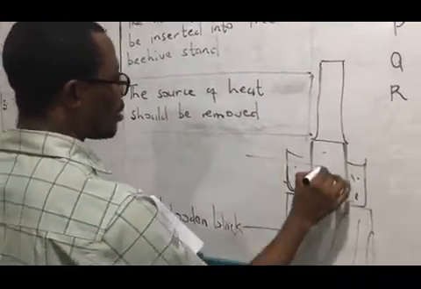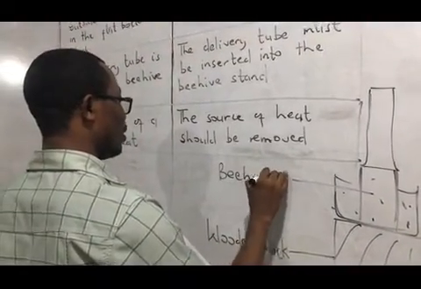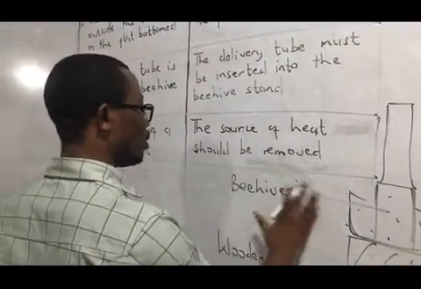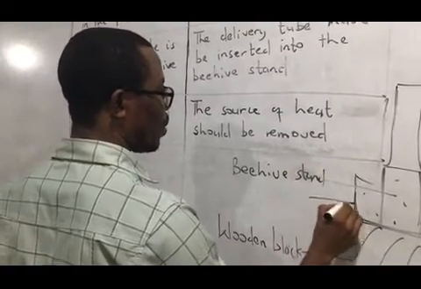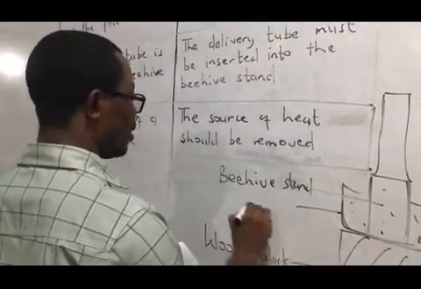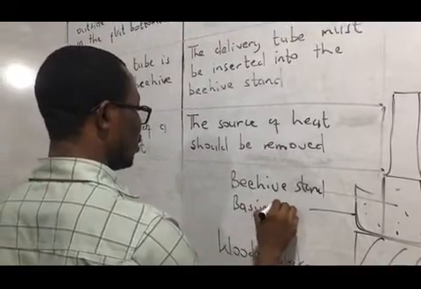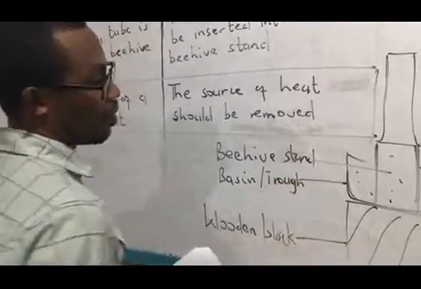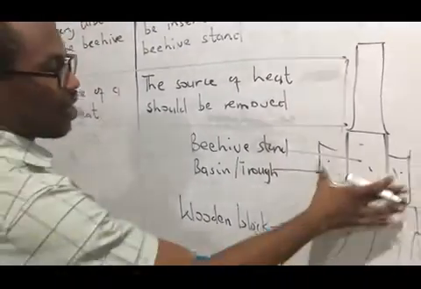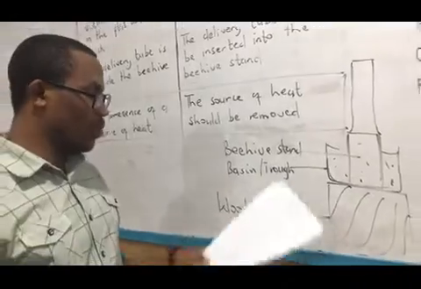I said this is actually the beehive stand. And this one, the one that the water is in, is the basin or the trough. And whatever the basin is sitting on, that is the wooden block.